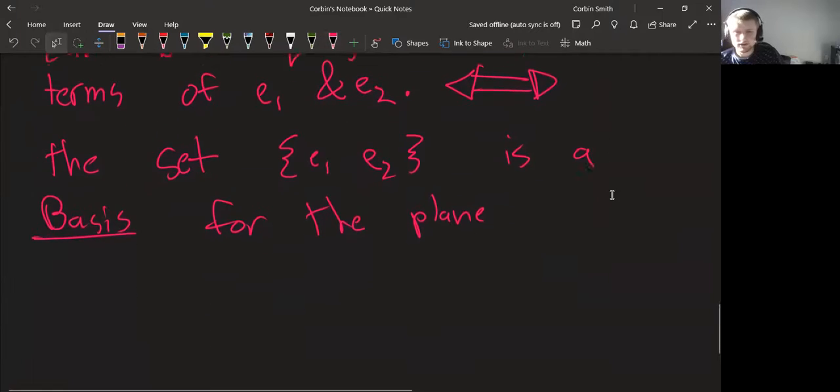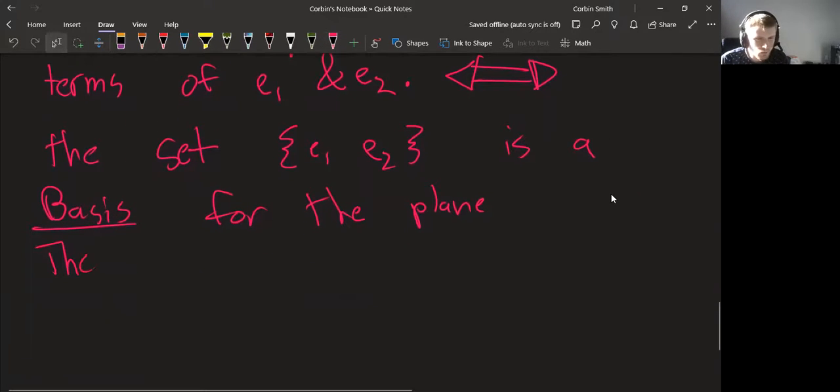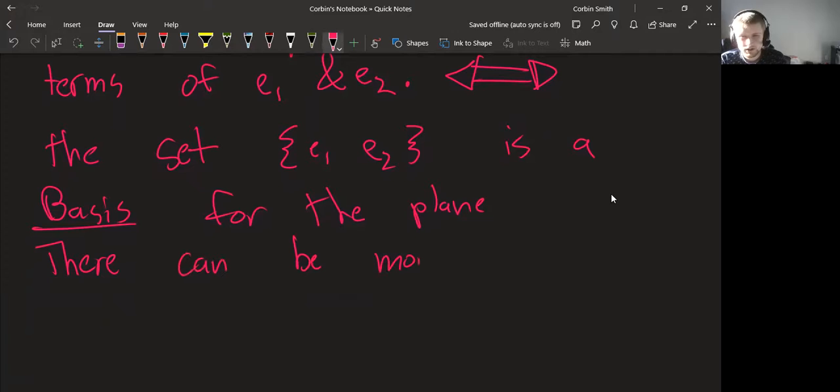However, once you have a basis, there's only one way to write each vector. However, there can be more than one basis. Because what if you have 2 times E1 and 2 times E2? Or how about this one?